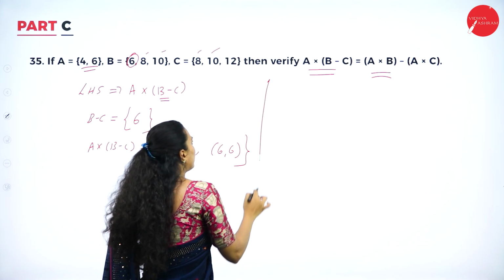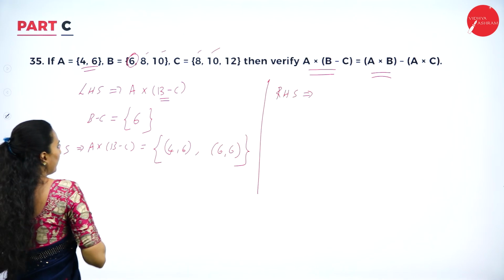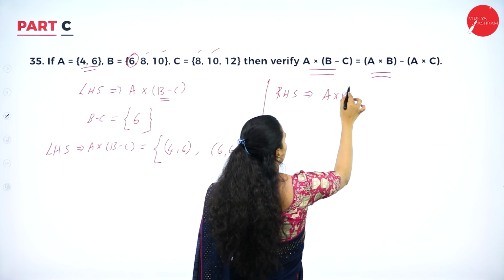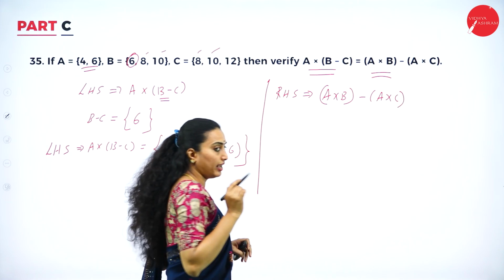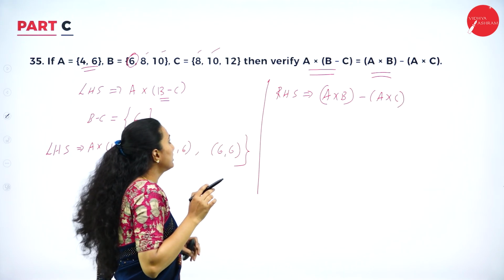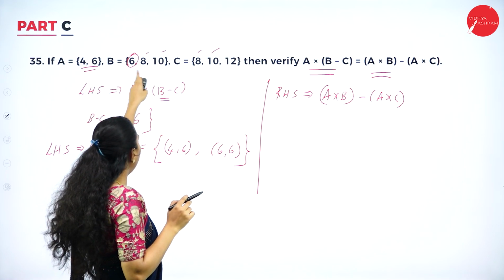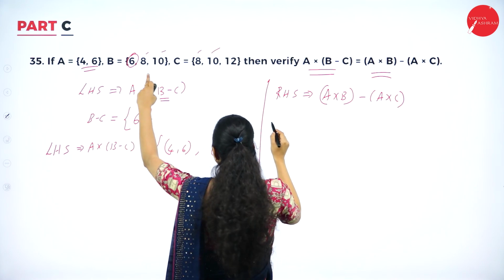Now let us move on to the right hand side. What is the right hand side? Specify this is the left hand side. Now what is the right hand side? A cross B minus A cross C. Now let us do first A cross B. Okay. That means you are going to do the Cartesian product (4, 6), (4, 8), (4, 10). So A cross B, again with 6.